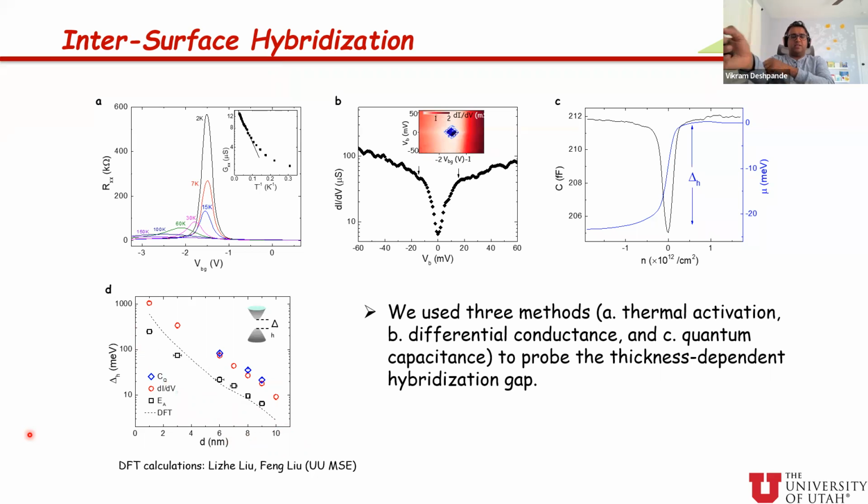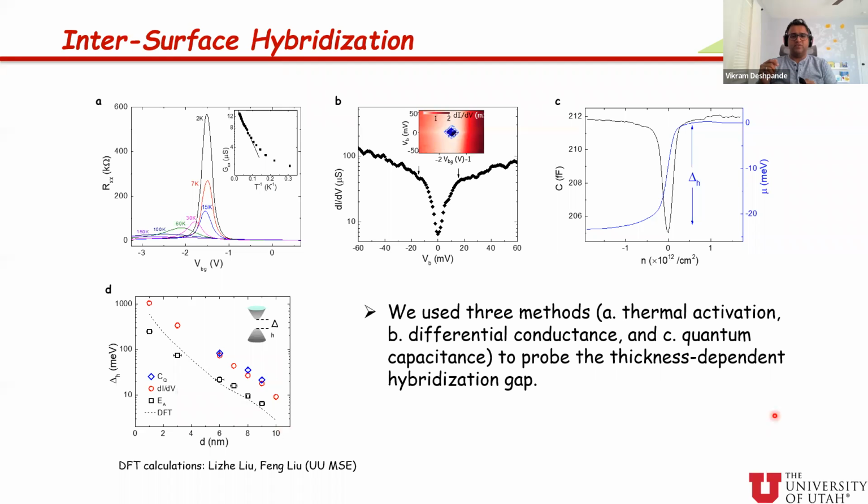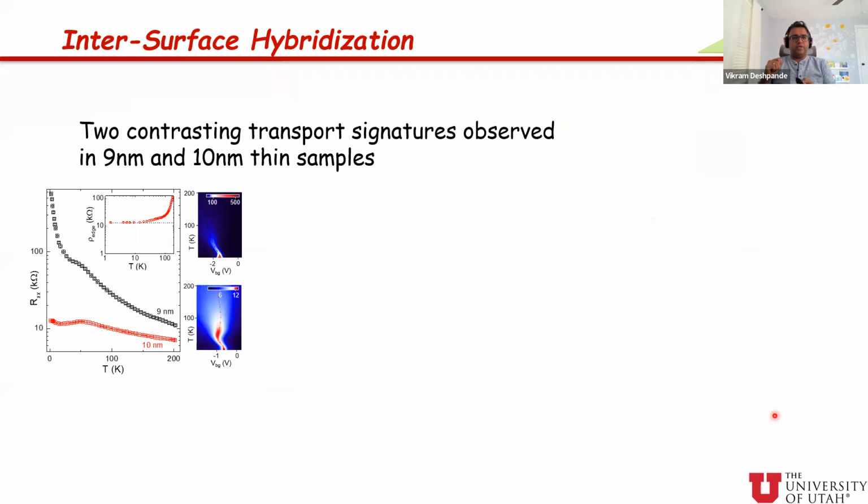Okay, but our theoretical framework had shown us that there are two types of gaps, right? And so is it possible to see this in samples of adjacent thickness? And therefore, we considered, for example, samples that are 10 nanometers and 9 nanometers.